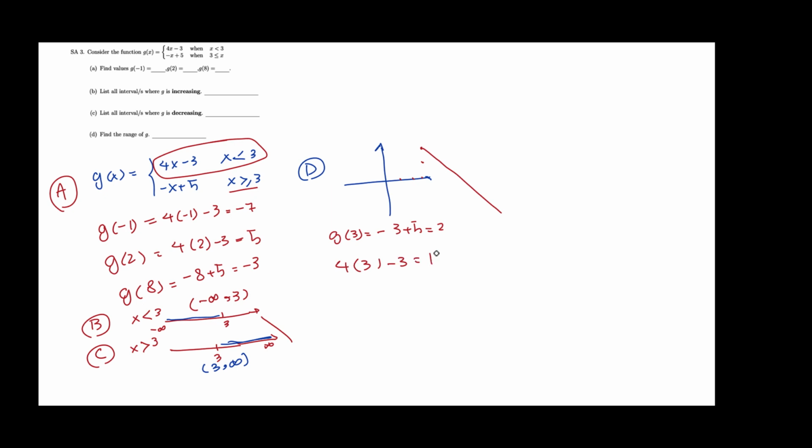So that's 12 minus 3, equal to 9. And it's 1, 2, 3, all the way to 9.